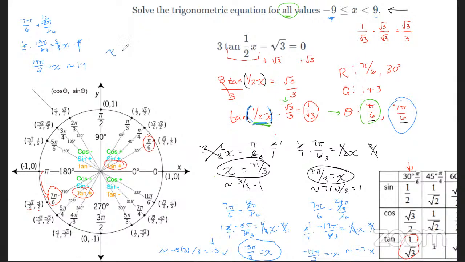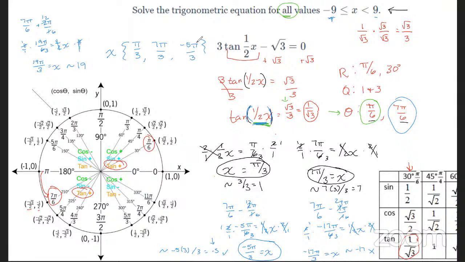So our final answer for x is going to be pi over 3, 7 pi over 3, and negative 5 pi over 3. Now these are supposed to be written officially or technically in the order of least to greatest. So I should put the negative 5 pi over 3 at the beginning if you want to get technical and exactly precise.